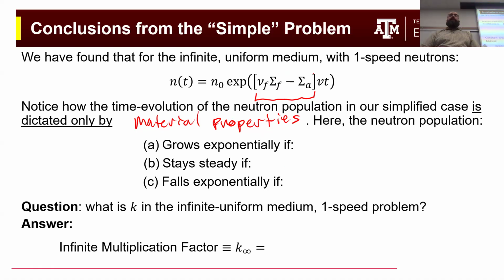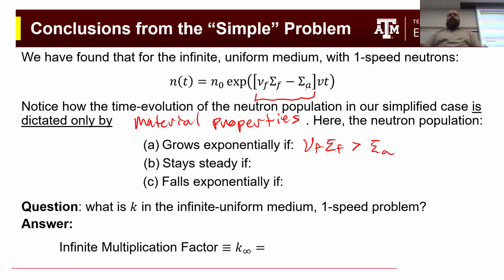And for this quantity to be positive, it means that nu F sigma F has to be greater than sigma A. Like if nu F sigma F is 10 and sigma A is 5, then we've got a positive 5 here, and then we've got a positive exponential. So with time, the neutron population would increase exponentially.